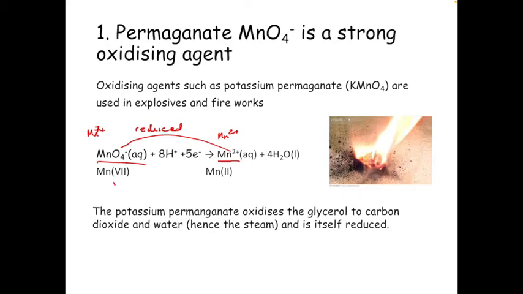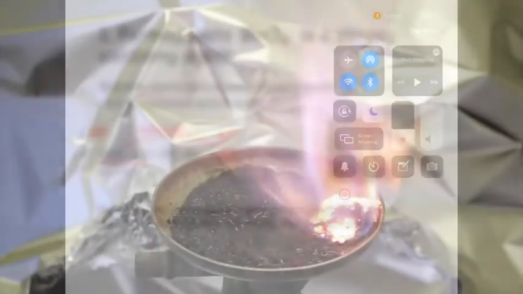You can see it starts on this side as Mn7+, and that's reduced to Mn2+, so that's gaining 5 electrons. And what actually happens in this particular reaction I'm going to show you, it can oxidise the glycerol very strongly to carbon dioxide and water, and it produces actually quite a fiery reaction.